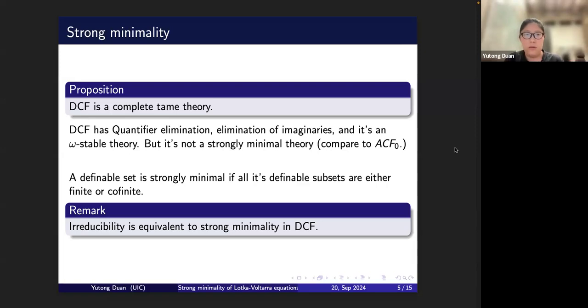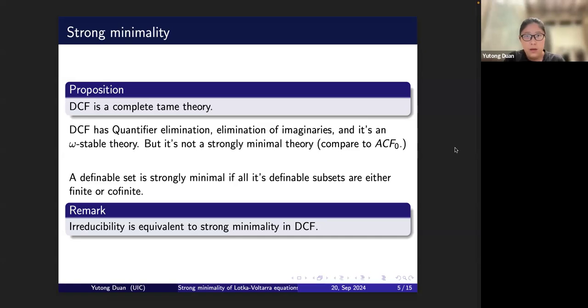All the points in the model that satisfy this formula give you a set, and we call this a definable set. We say a definable set is strongly minimal if all the definable subsets in it are either finite or cofinite. And a theory is strongly minimal if all the definable sets in that theory are strongly minimal.